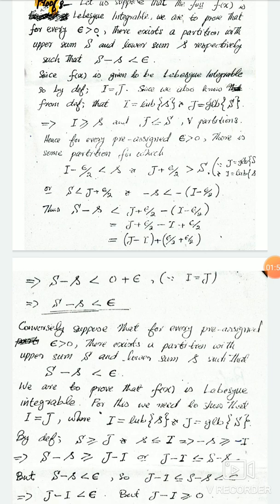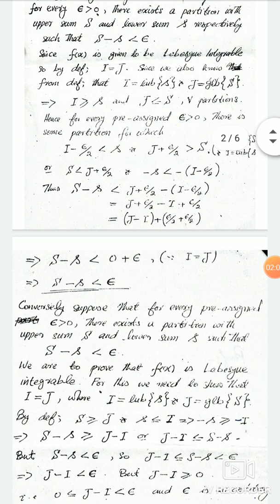Or we can also write capital S is less than J plus epsilon by 2, and if we multiply by minus, minus s is less than minus bracket I minus epsilon by 2.